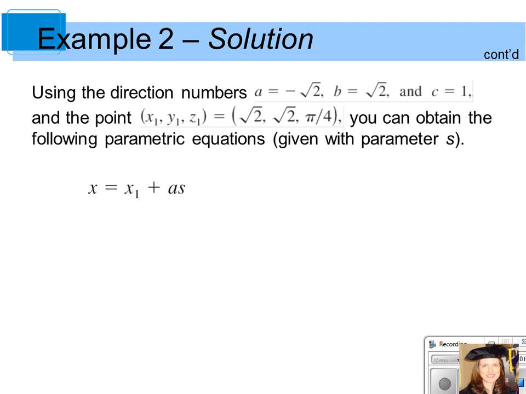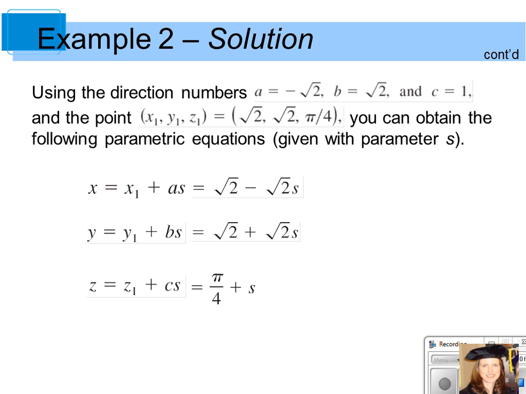That's going to be your a, b, and c, and using the point given, you can obtain the following parametric equations. x equals x sub 1 plus a s, y equals y sub 1 plus b s, and z equals z sub 1 plus c s, plugging those in. These are your three equations for the tangent line, the line that is tangent to the curve at the given point.